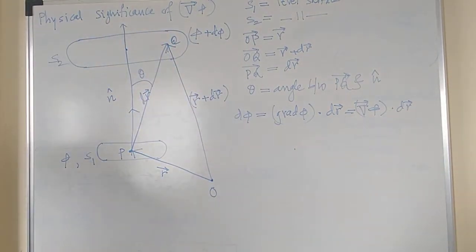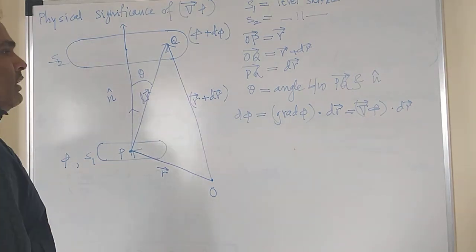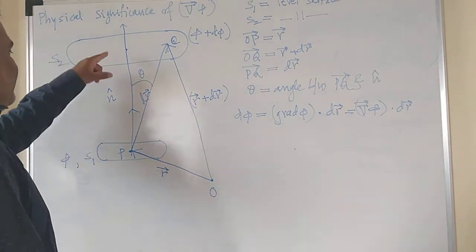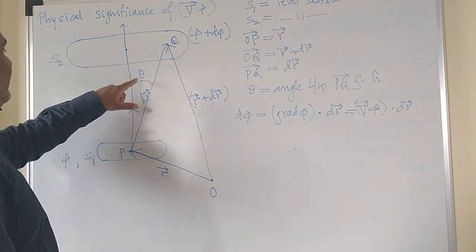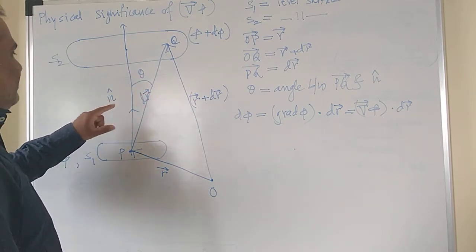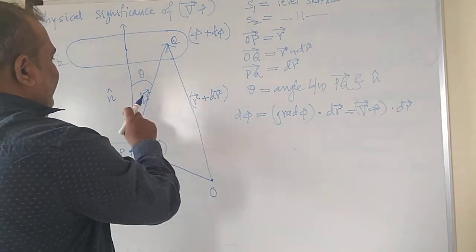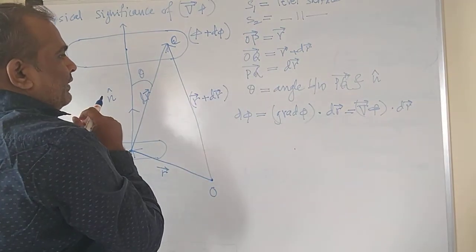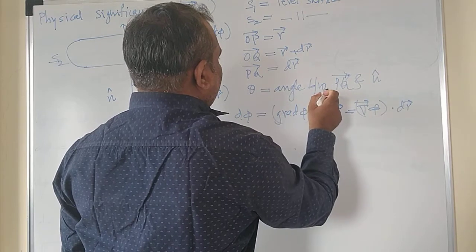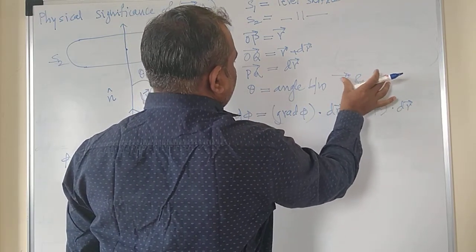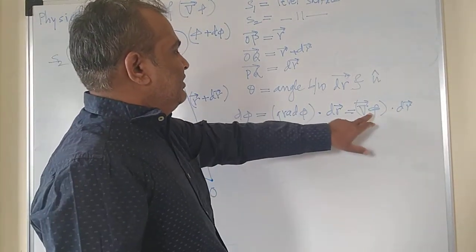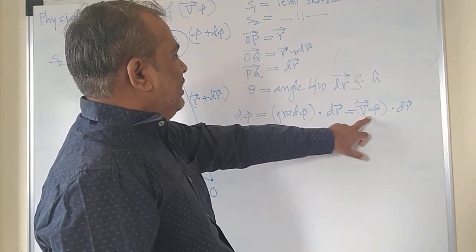And now what you can do is, if n bar is the unit normal and theta is the angle between PQ bar and this n cap, or I can say dr bar, both are same actually, dr bar and n bar. So this is dr bar and this is the unit normal vector.